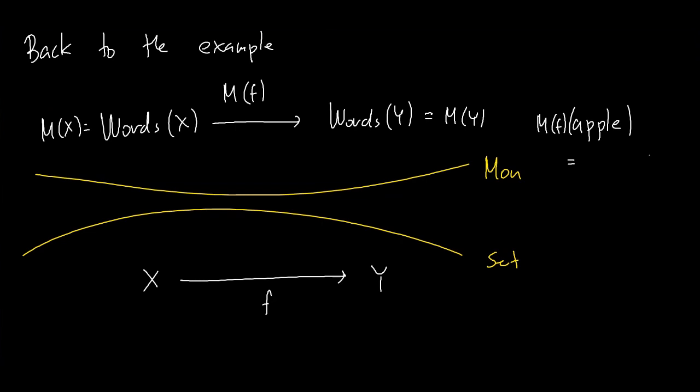But we have to make a slight distinction here. The underlying set of the monoid of words, which we still denote by the same words, actually is U of M of X. X has this insertion there, the eta X, and the same on this side, eta Y.